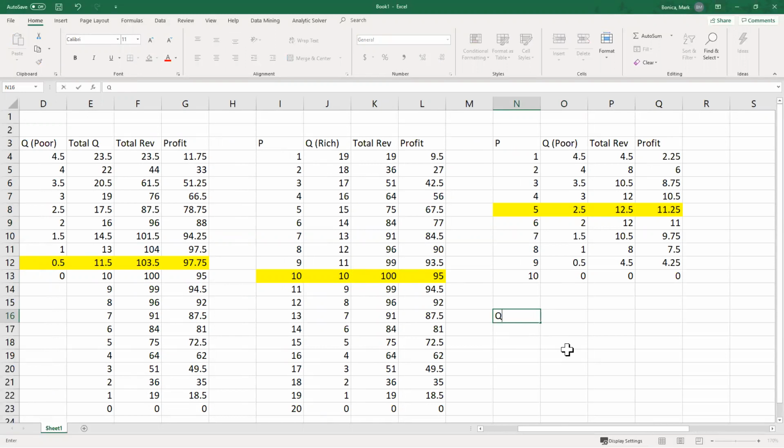So the total quantity under price discrimination is equal to 2.5 plus 10. Under no discrimination, the total quantity is 11.5.